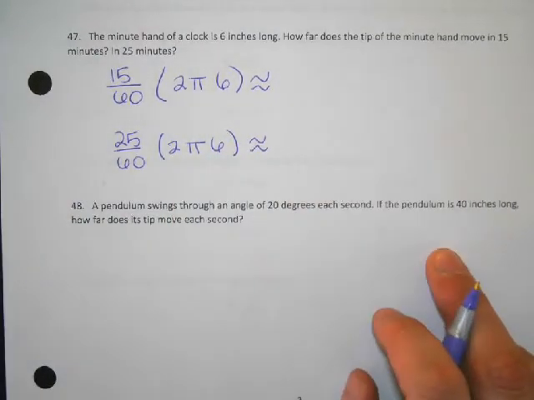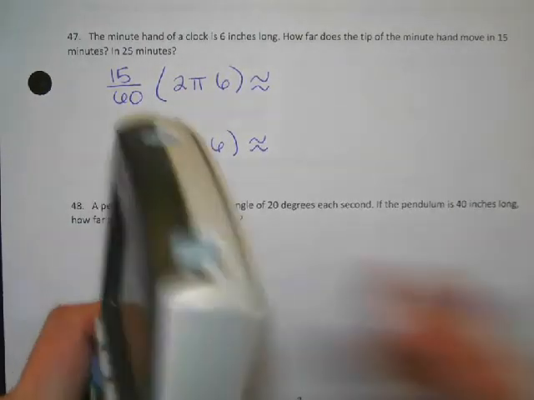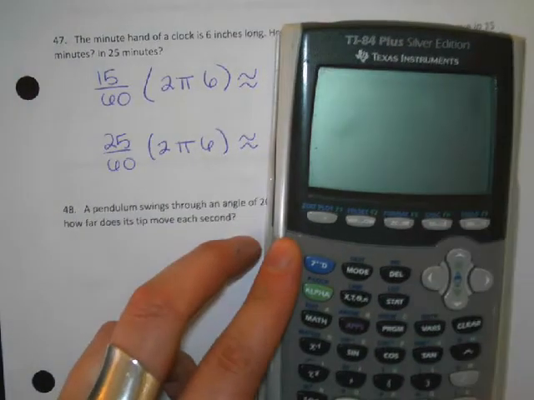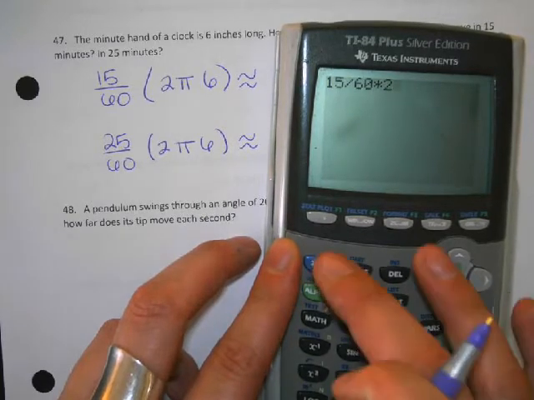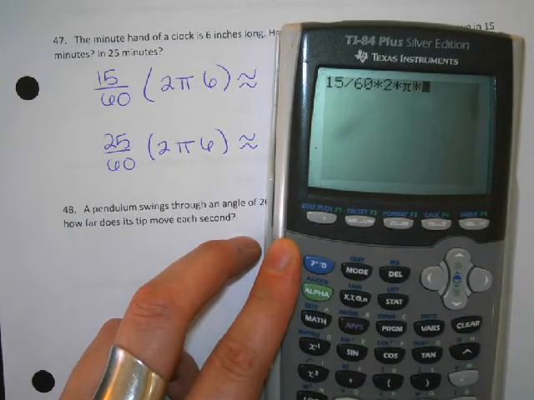And I'm going to go ahead and type that in my calculator. 15 over 60 times 2 times pi times 6.